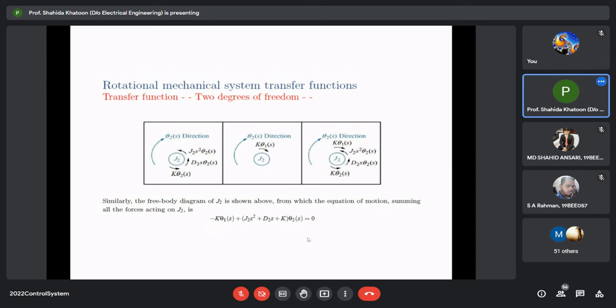So similarly, you can write the free body diagram for J2 like this and write the equation of motion for J2.